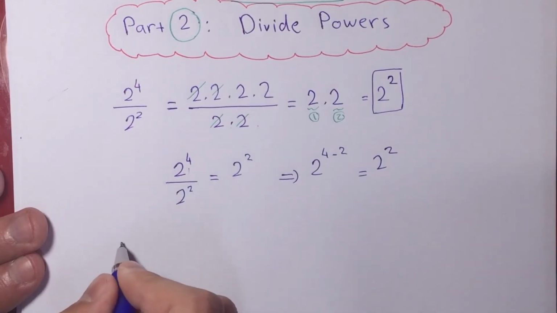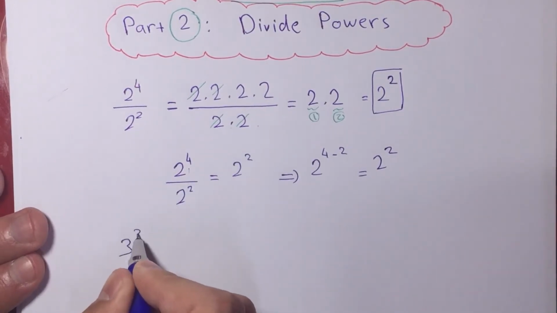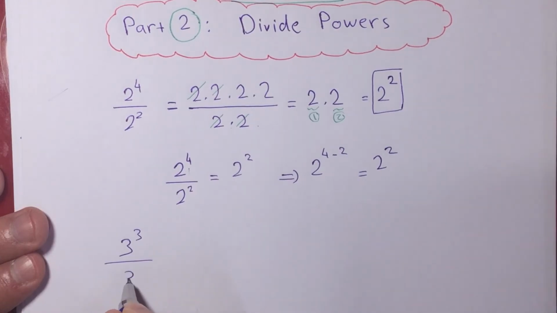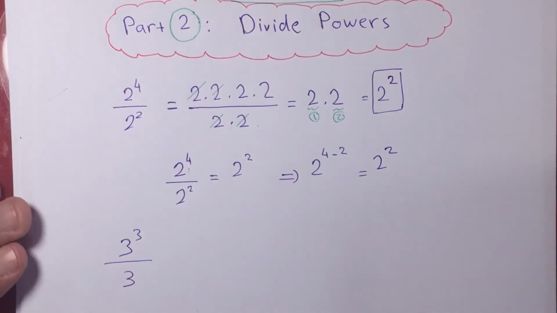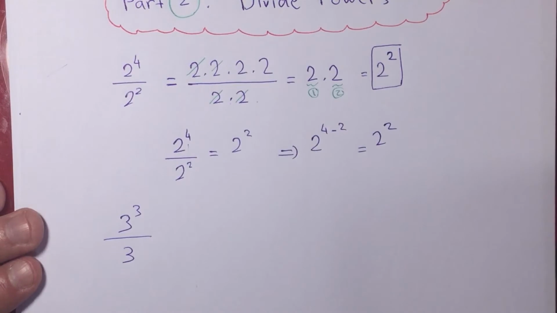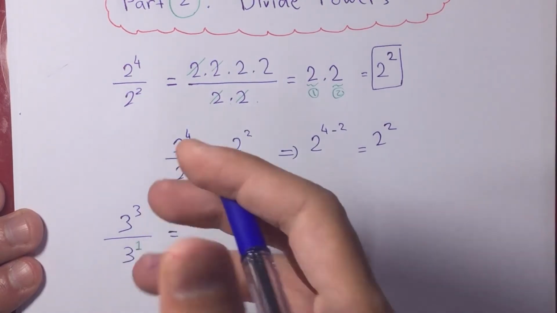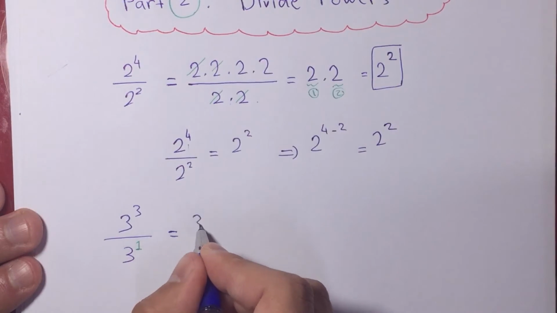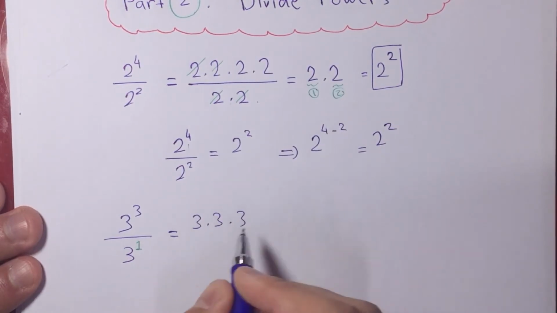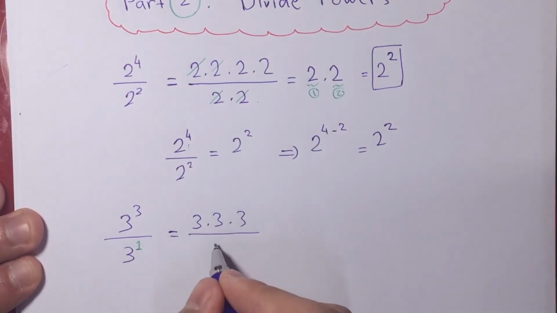Let's take 3 to the 3rd power divided by 3. As we have said previously and repeatedly, any number that is written without any exponent, its exponent actually is 1, to the first exponent. So now how can we calculate it? In the ordinary way, we can write 3 times 3 times 3 divided by 3 in the denominator.